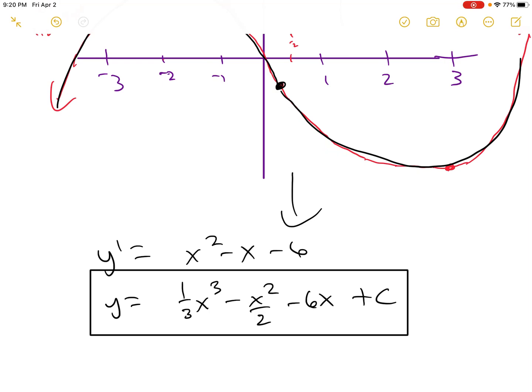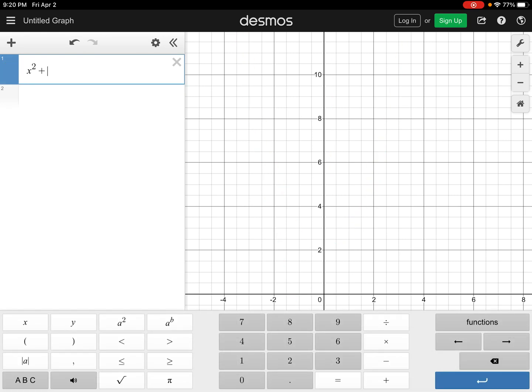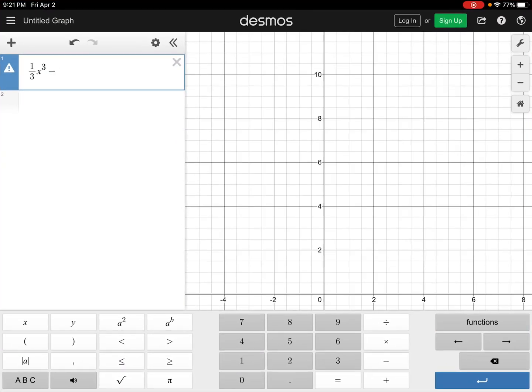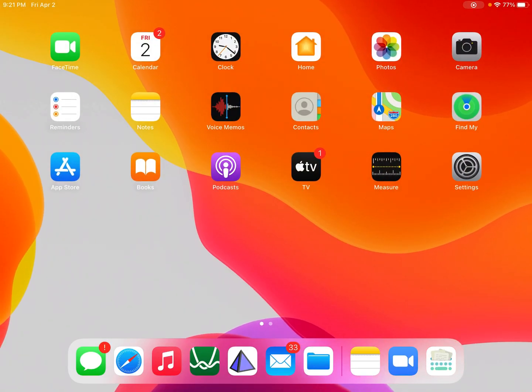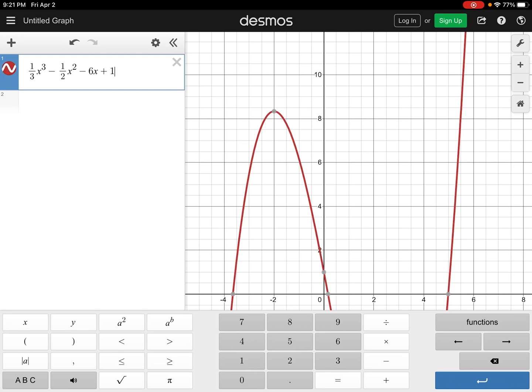So 1/3 x cubed minus 1/2 x squared minus 6x. I'll just put plus 1 in there.